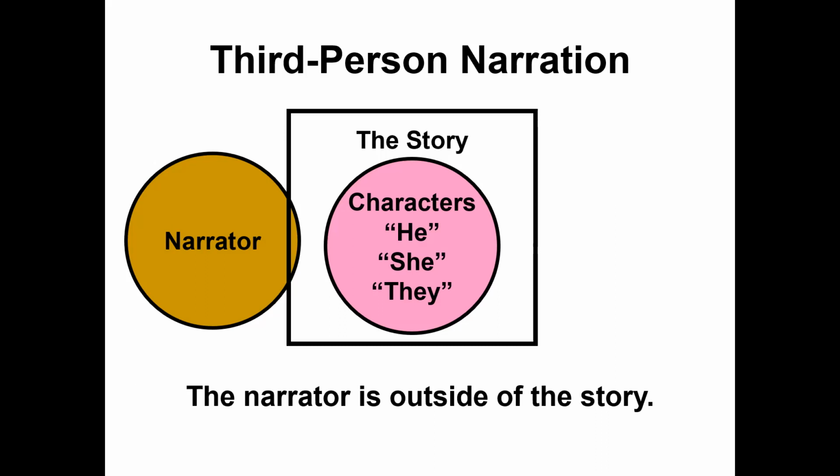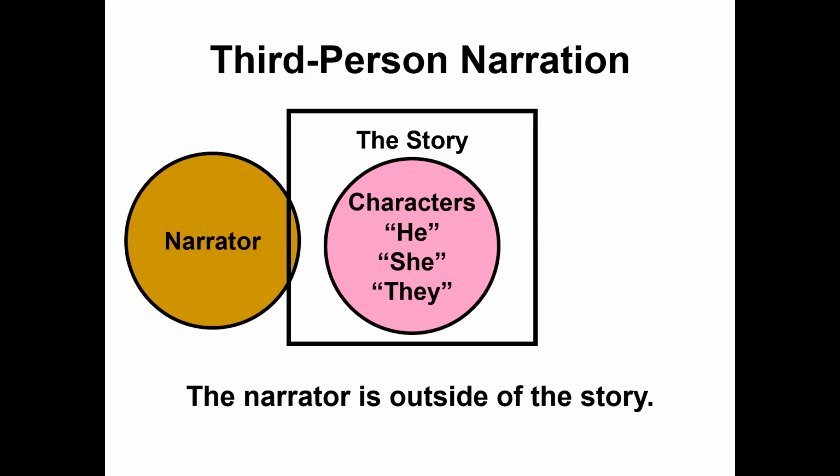So you are going to be outside of the story. Third person is the best one because it makes you seem more objective and less biased. So you want to master the third person, and every time you're writing argumentative essays and stuff like that, you want to make sure that you are in the third person.